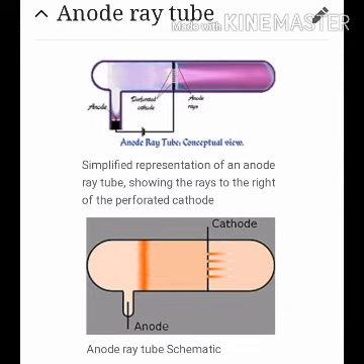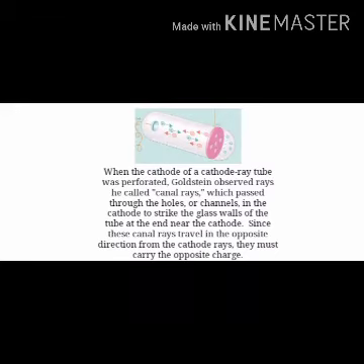Goldstein used a cathode ray tube in which the cathode was perforated, or it had holes in it. In 1886, Goldstein noted that the cathode ray tube with a perforated cathode emits a glow from the end of the tube near the cathode.